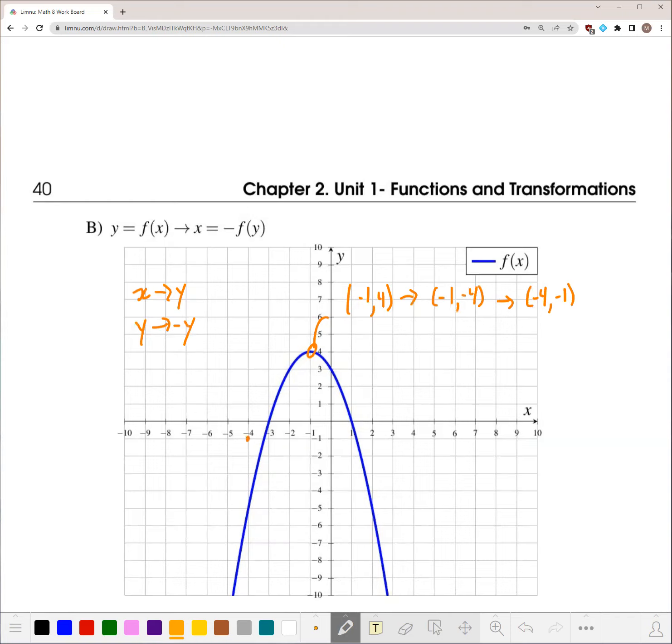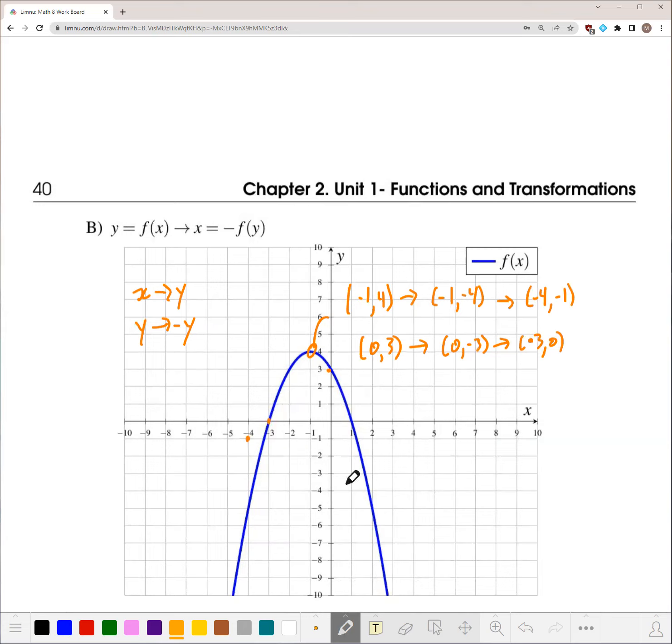Okay, let's take another point here. So we've got 0, 3. That's going to convert into 0, -3, which converts then into -3, 0. -3, 0 is right here. Okay, interesting. What else are we going to have here? Oh yeah, sorry.